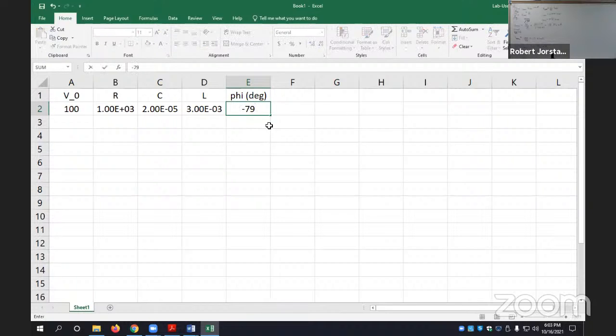Negative 79.19. We could also get the phase angle in radians, which we did already. It's equal to this number times 3.14159 divided by 180, right? Let's just fix up the sig figs on there. All right, so we got our phase angle.